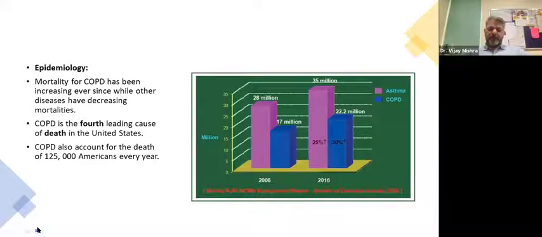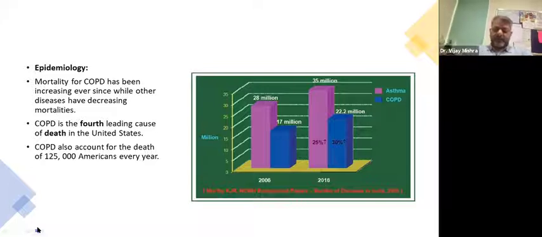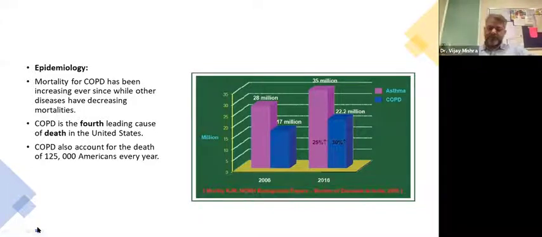Mortality for COPD has been increasing while the mortality from other diseases is actually decreasing. So this is a very serious matter. The other diseases we are able to control. The lifestyle is improving, the mortality is coming down, but for COPD it has been increasing. In the United States, it's the 4th most common cause of death after the cardiac problems.